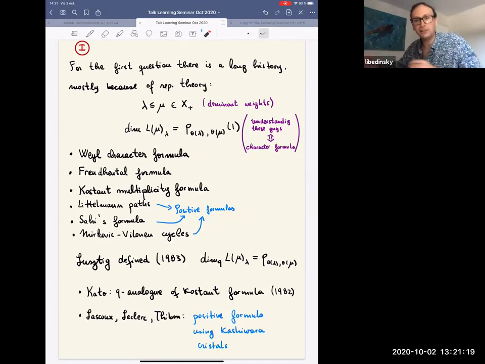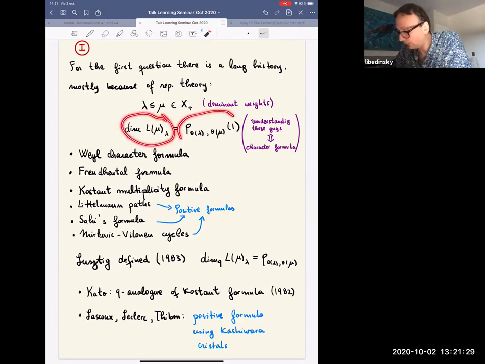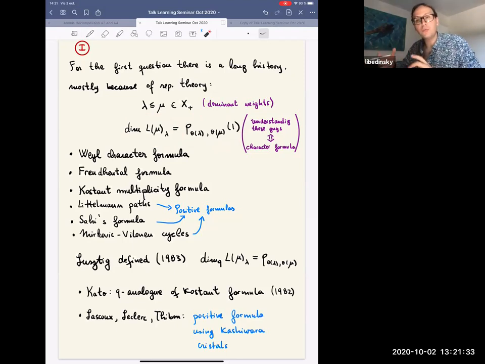And when it's big, it's essentially impossible. Then you have Freudenthal's formula, which is a recursive formula, and it's usually what they use if you want to program stuff. This is the formula you probably want to use.